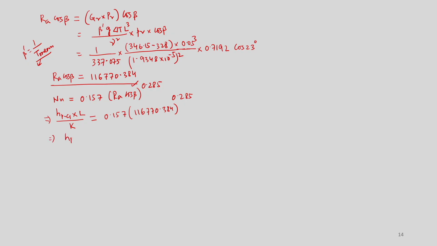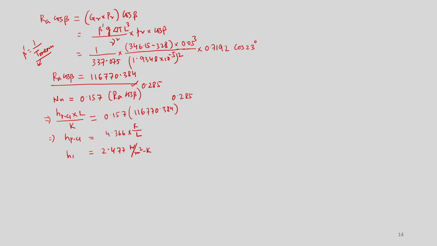Okay. So, what will be h_PC1? This value multiplied by K by L. So, this is something like 4.366 into K by L. So, this is found to be 2.477 watt per meter square Kelvin.